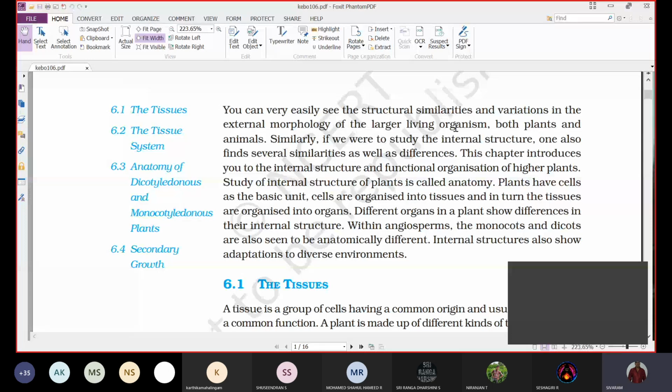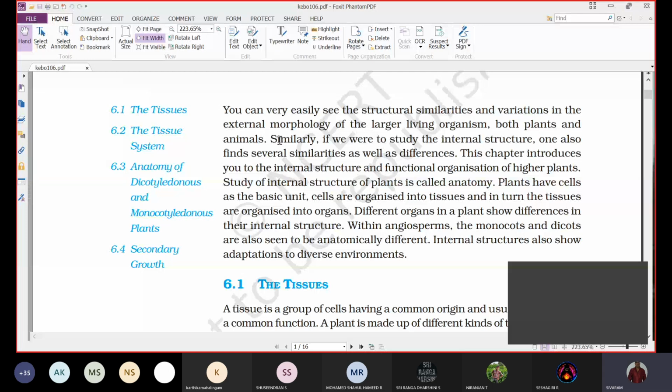That means almost all the characters exhibited by organisms, especially large organisms like plants and animals, we are able to understand through their morphological features. For that there is no need of much equipment. Simply with our naked eye we can see all these external characteristics.